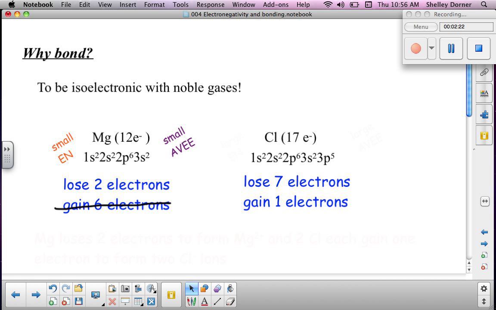Chlorine, in becoming isoelectronic with a noble gas, has the option of losing 7 electrons to become isoelectronic with neon, or gaining 1 electron to become isoelectronic with argon.